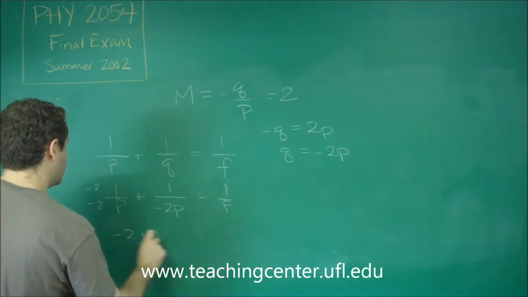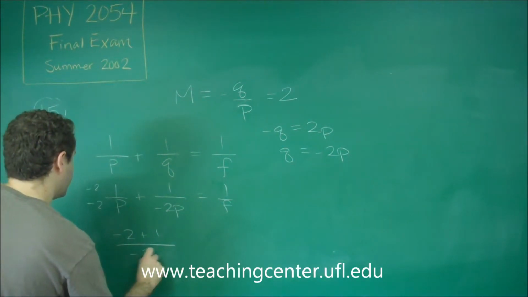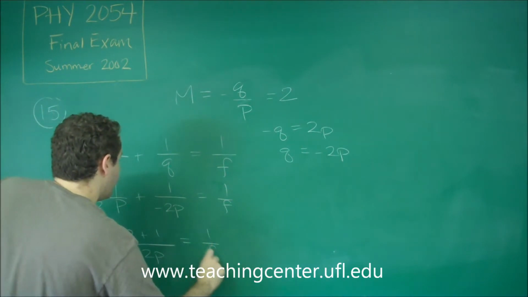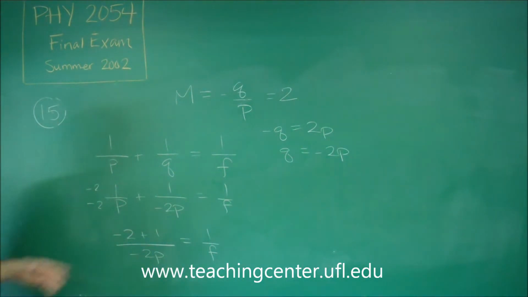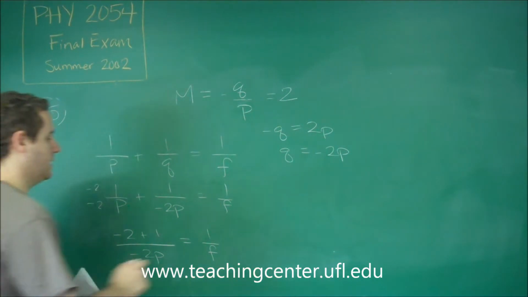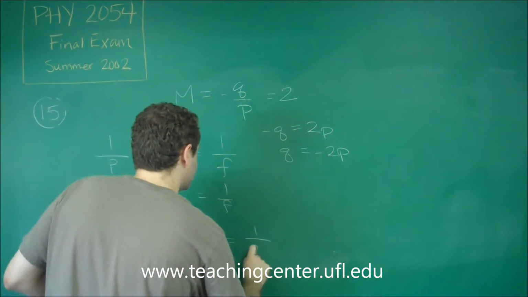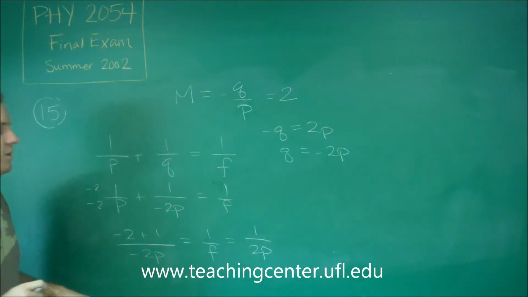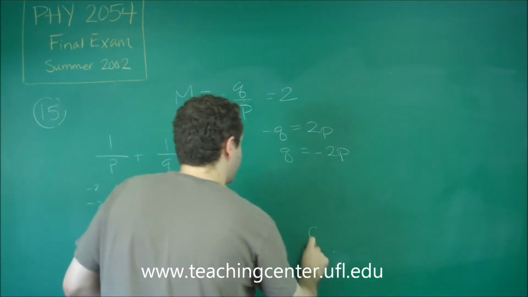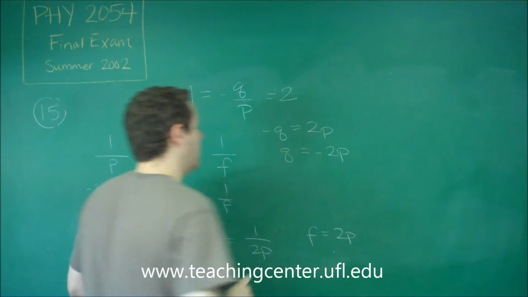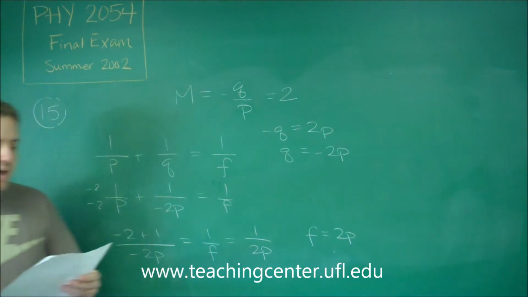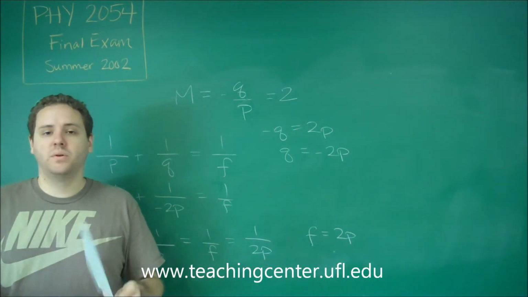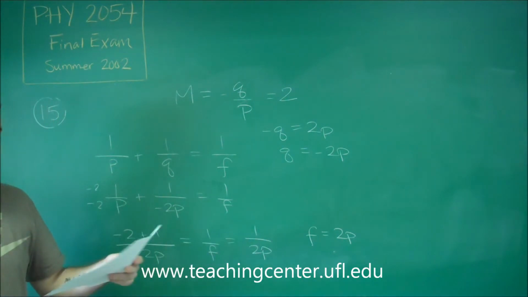Negative 2 plus 1 over negative 2P equals 1 over F. Negative 2 plus 1 is, of course, negative 1, and negative 1 over negative 2P is just 1 over 2P. You can see here that means F equals 2P. And finally, we can say that P was 1.5 centimeters, so our F has to be double that.